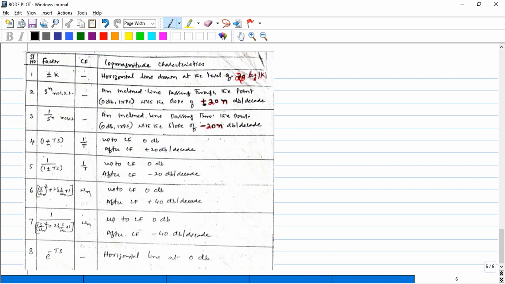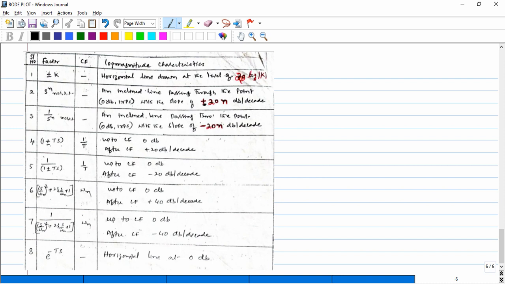Here we have the first, gain K. In case K appears in our problem, we need to draw a horizontal line at the level of 20 log K. While explaining the problem, I will show what that is.